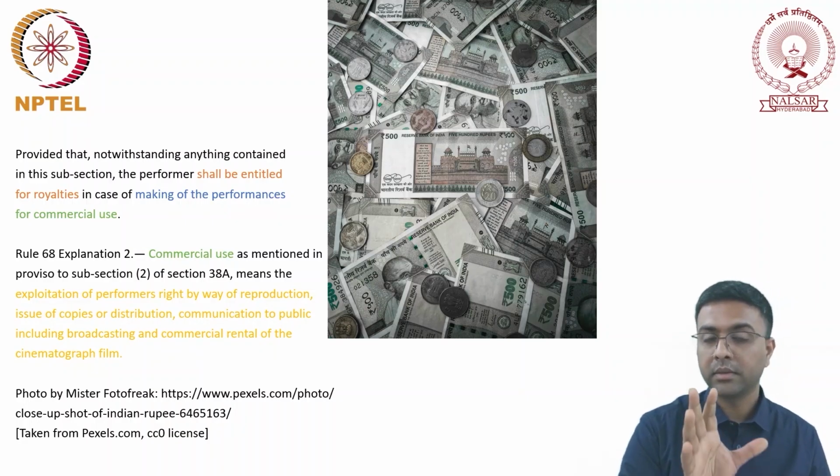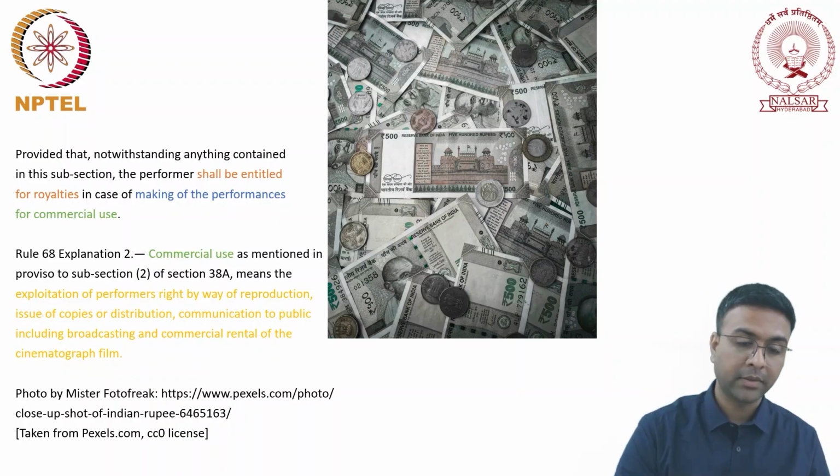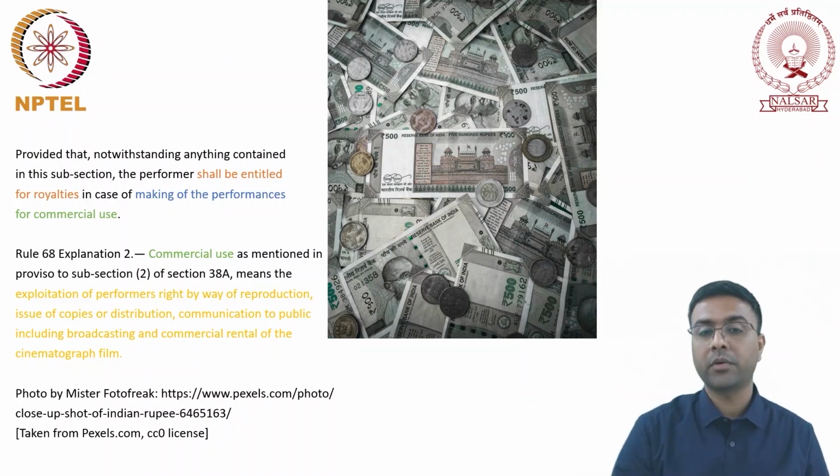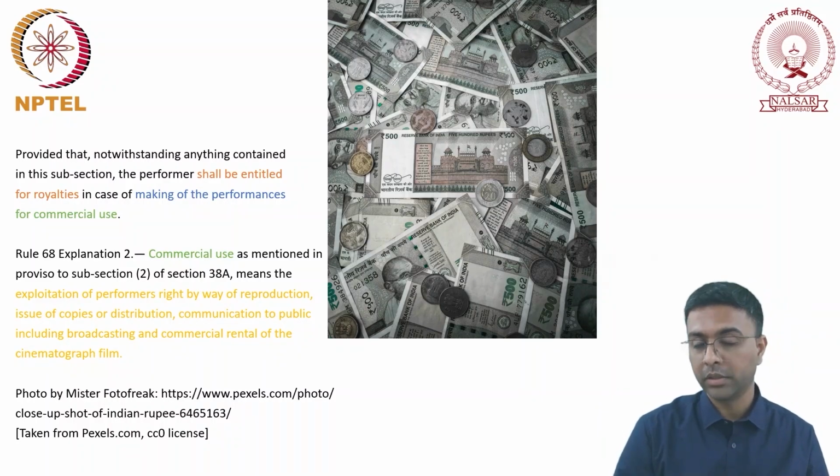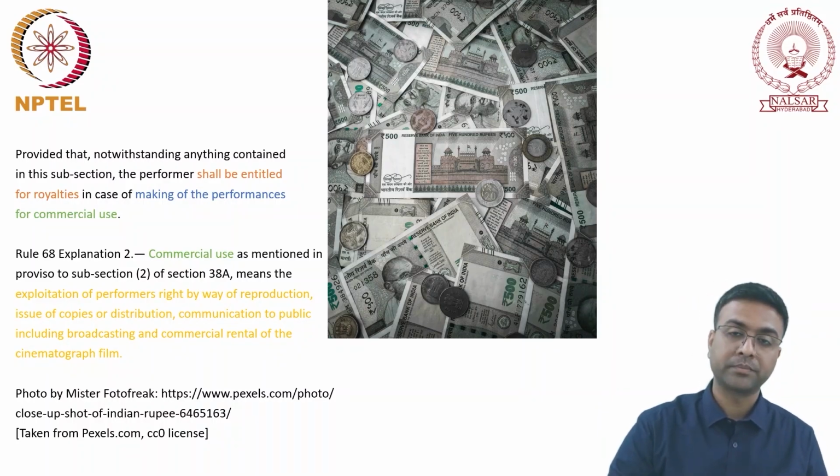This is what this particular provision is saying. And you can see the wording is, shall be entitled for royalties. And therefore, this is a mandatory form of payment that must occur with respect to performers.